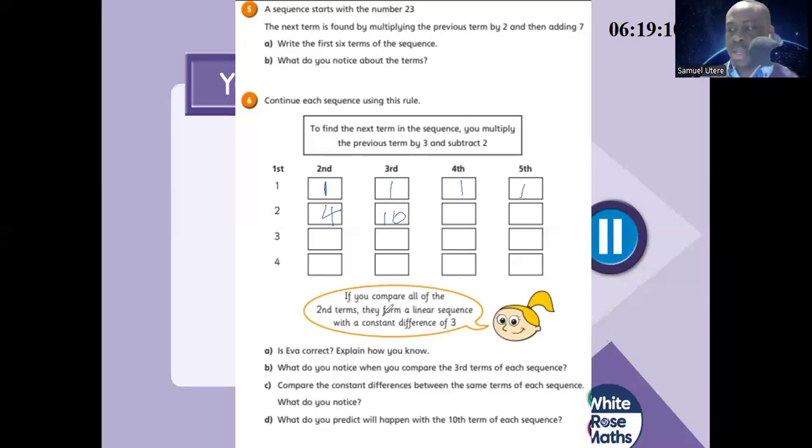So they're talking about this. If you were to compare all of these, you would see that they form a linear sequence with a constant difference of 3. Okay, let's check the answers and then you'll see that is exactly the case and you will explain why.